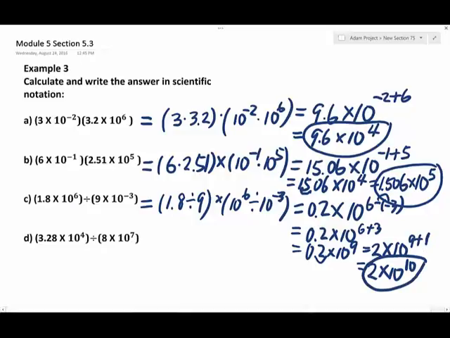Alright, so the very last one, we have 3.28 times 10 to the 4th divided by 8 times 10 to the 7th. Similarly, we're gonna separate them, number divided by number, and scientific notation divided by scientific notation.